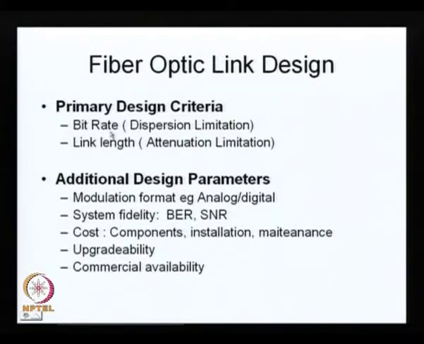That is essentially the information which I can send on a given link, and since the information is going in the form of bits or pulses, a higher bit rate means more information transfer.